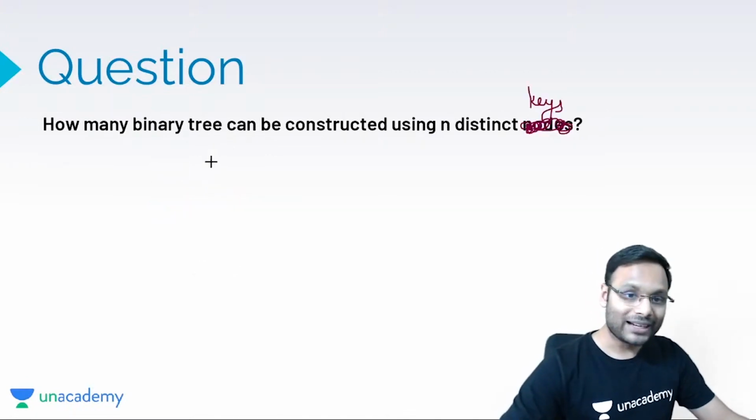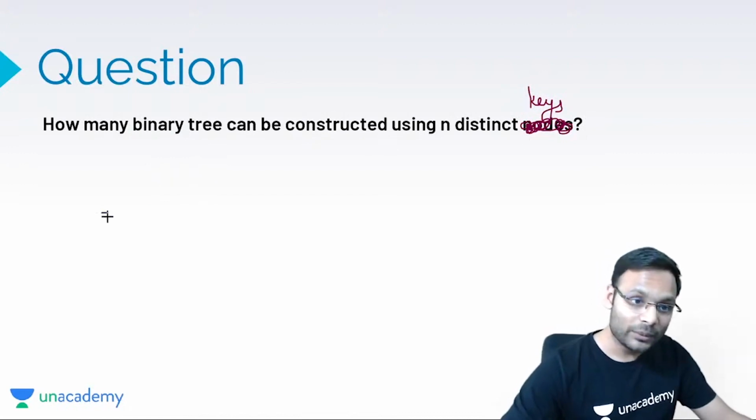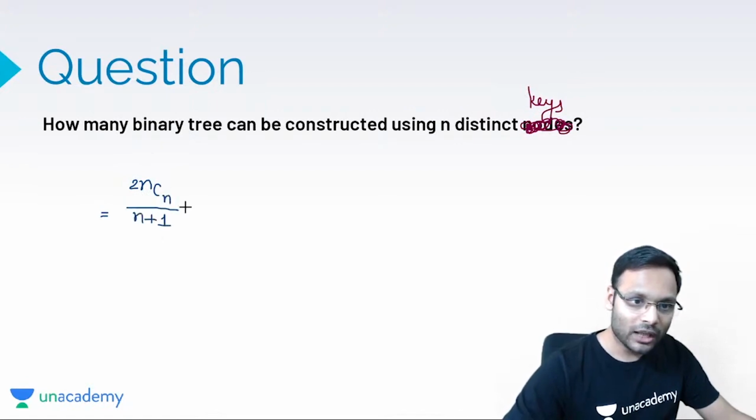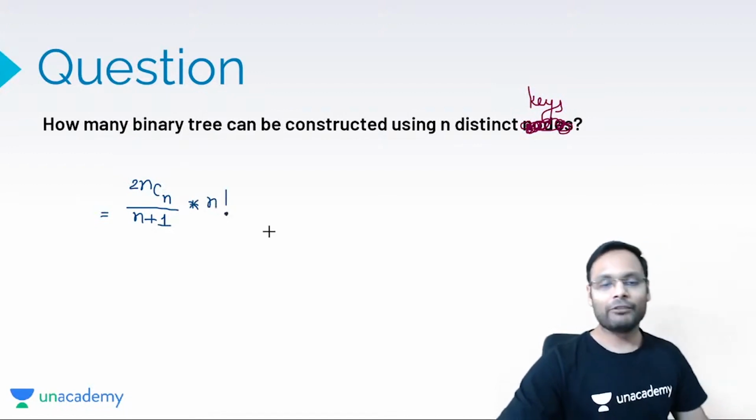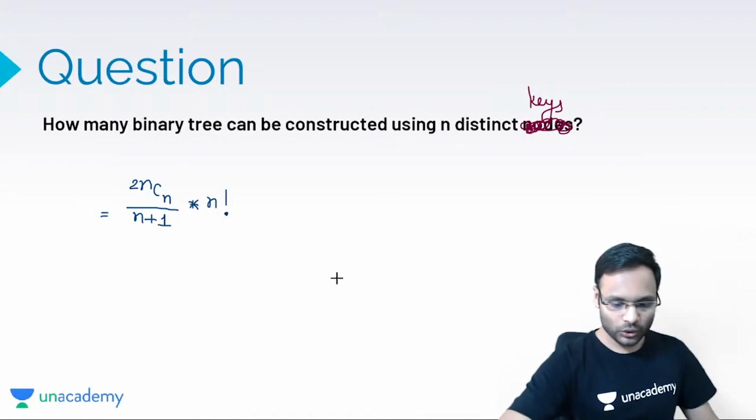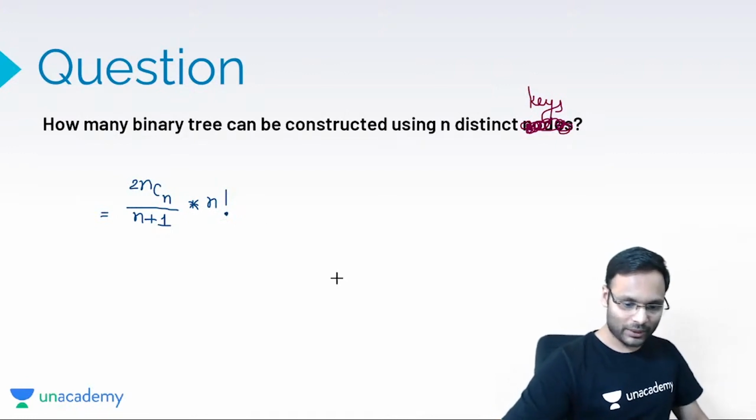So number of binary trees using n distinct keys will be this many trees you can construct using n unlabeled nodes, and within each tree you can populate the keys in n factorial possibilities. So multiply by n factorial.